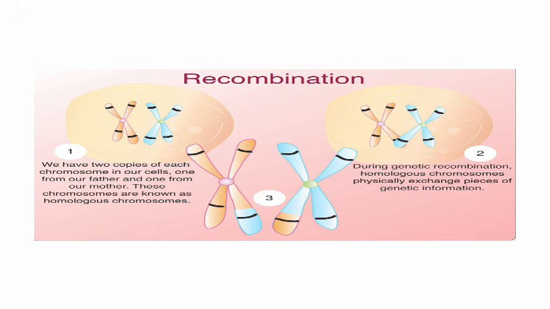So, again, recombination needs two copies of each chromosome in the cell of the bacteria. And these chromosomes are known as homologous chromosomes. So, during genetic recombination, there is a physical exchange of pieces of genetic information between the two different copies of the chromosome. And then, on that exchange, genetic material is transferred.